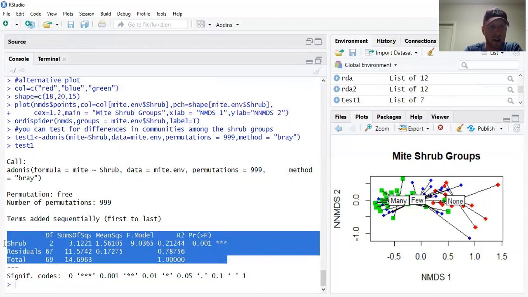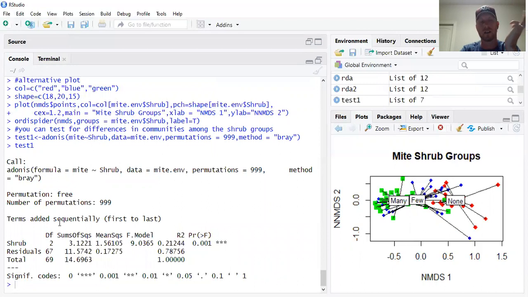And it's telling us about these classes of shrubs. Remember, there were 3 when we're calculating degrees of freedom, or DF. It's always n-1. So because we had 3 groups, 3 minus 1 gives you 2 degrees of freedom. There's the residual degrees of freedom, and then there's your total degrees of freedom, which is your total sample size minus 1.